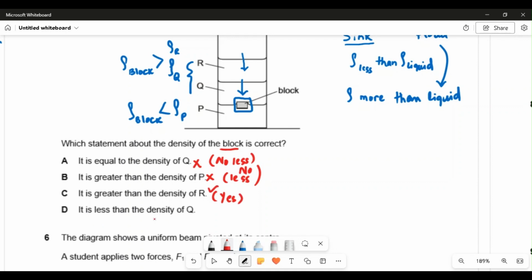So the density of the block is more. So our right choice here is option C.